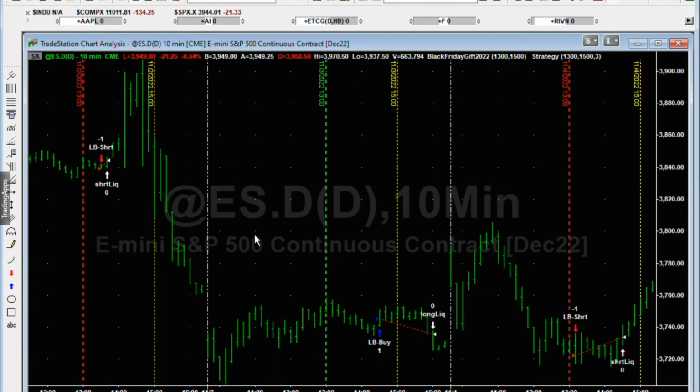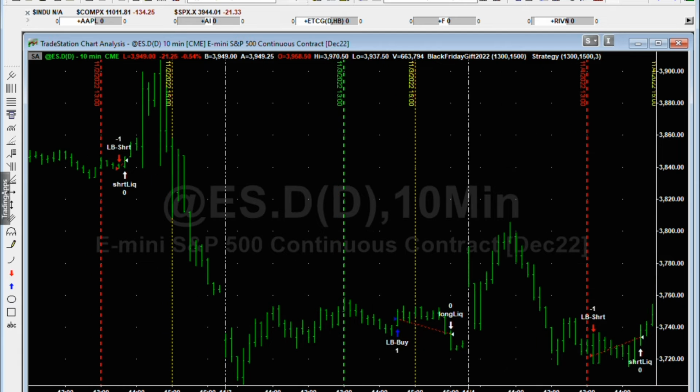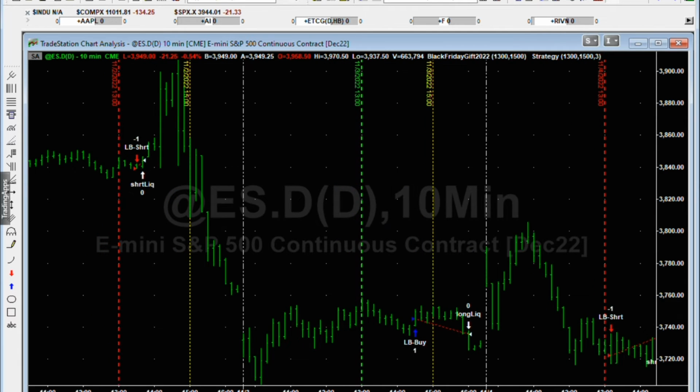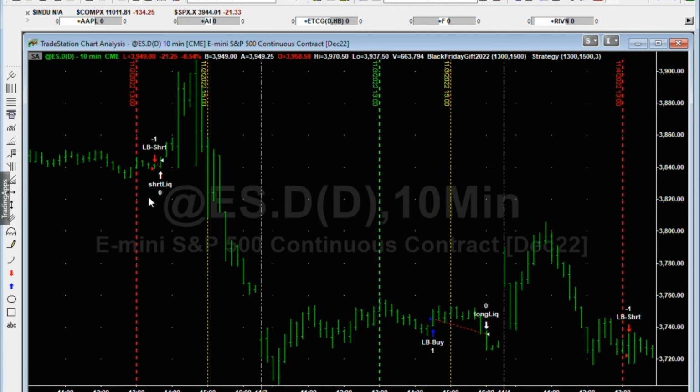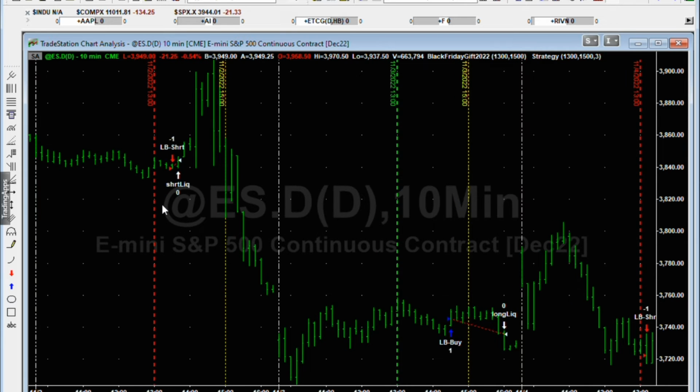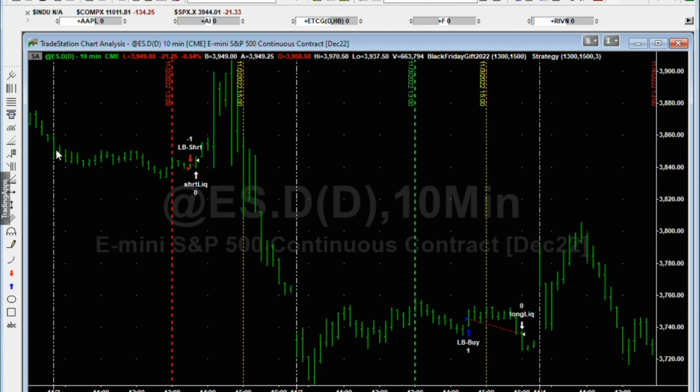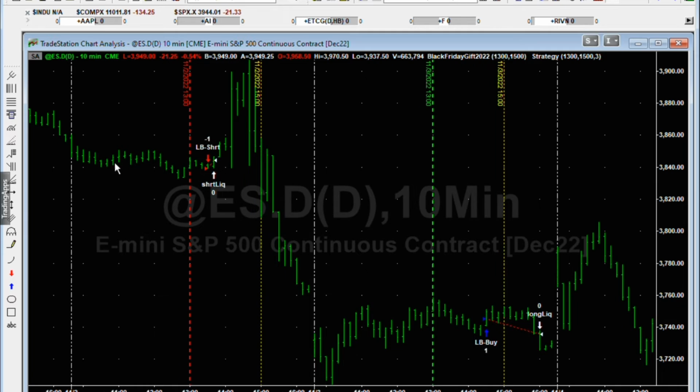What happens if the market doesn't go in the direction very quickly? It will get stopped out. Here's an example of a trade that got stopped out on the very next bar. The low of the day was made last, but look at the congestion here. It's a very congestive phase here in the market. The low was made last, so we're going to sell short on the breakout. Tiny bars.